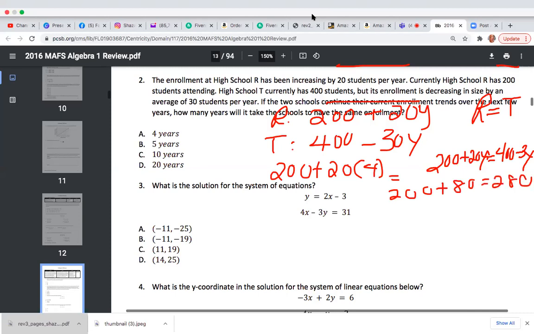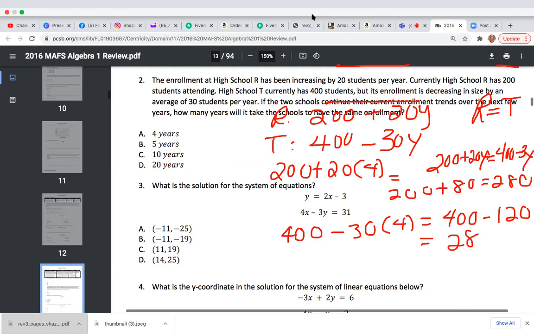Now, guys, you gotta go to the second one and do the same thing and plug in the 4 for Y. So it'll be 400 minus 30 times 4. 30 times 4, everybody, gives you 120. 400 minus 120. Is that going to give you 280, guys? Yes, it is. So yeah, the answer is A.